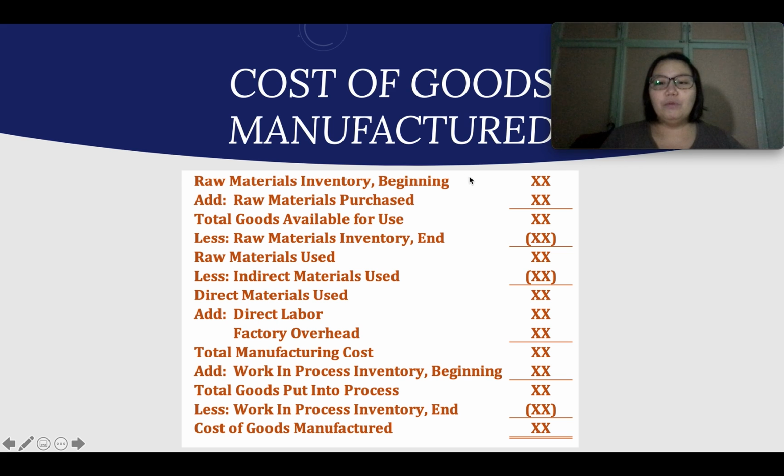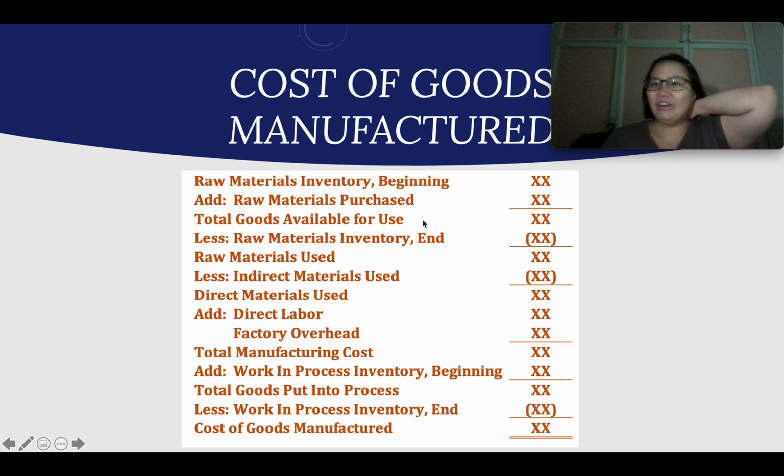Before I discuss how to compute the cost of goods sold, we also have the concept of cost of goods manufactured in a manufacturing business. The cost of goods manufactured basically is the total cost of the goods that we have finished during the period.